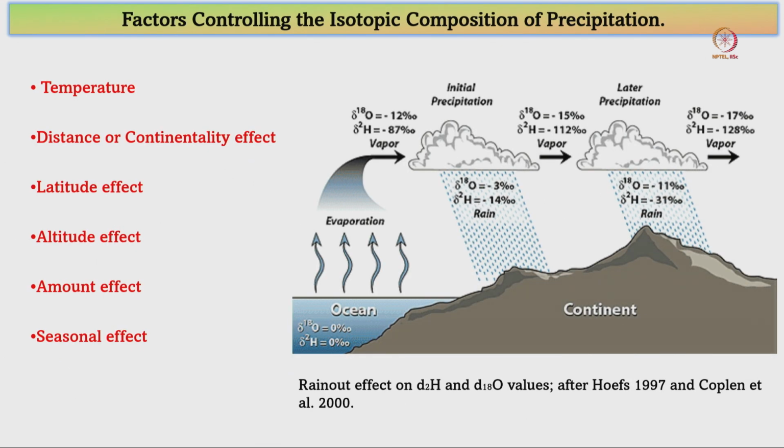Now, what other factors control the isotopic composition of precipitation? We have already discussed Rayleigh fractionation, wherein the water mass, as it is getting evaporated from the oceans, with the gradual rain out effect, always undergoes differentiation. There are always different values of delta H and delta D coming in.